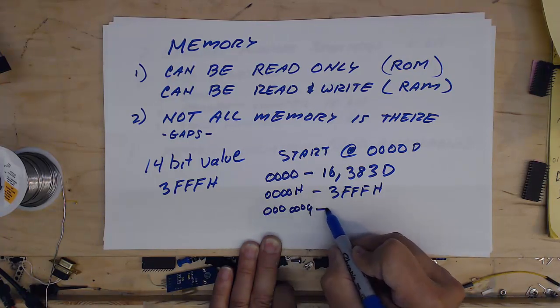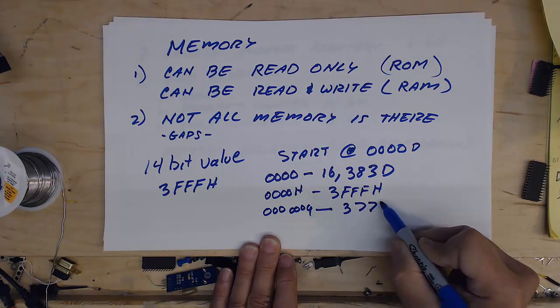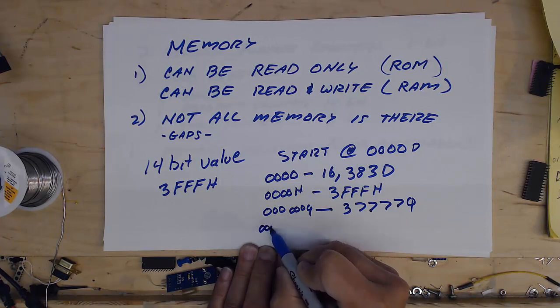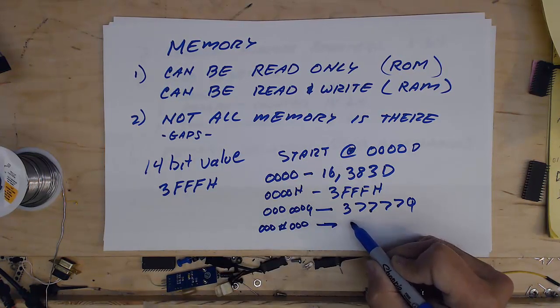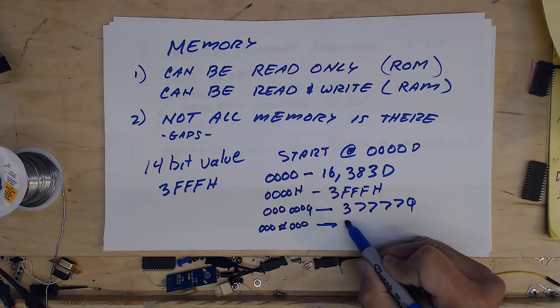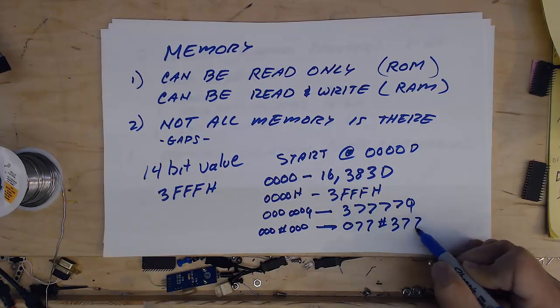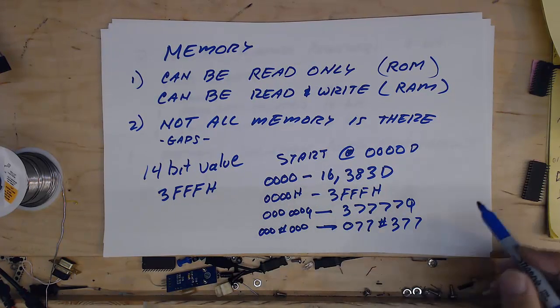or 000000 in octal, up through 37777, or in split octal, 000 up through 077377. So these are going to be all of our memory addresses, and these are just bytes.